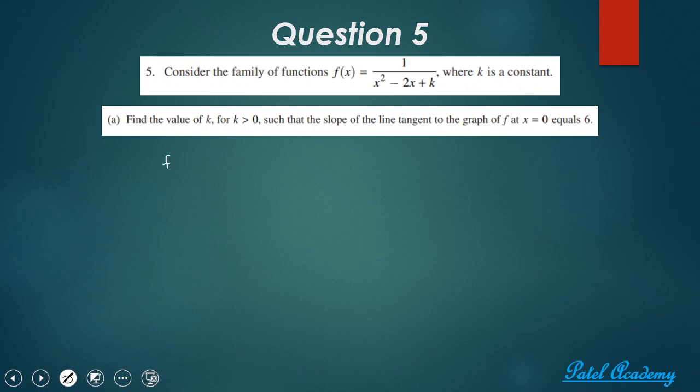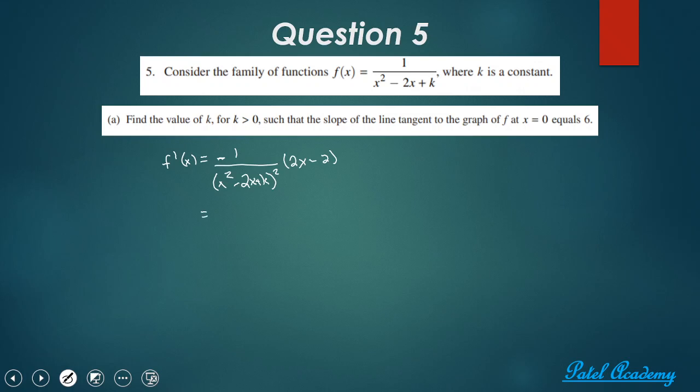So my f'(x) is equal to, well, keep in mind that if we have 1 over x, for example, then the derivative becomes -1 over x² times the derivative, which is just 1. The same principle can be applied over here. So the derivative is going to be -1 over (x² - 2x + k)², and then times the derivative of this denominator, which is going to be 2x - 2.